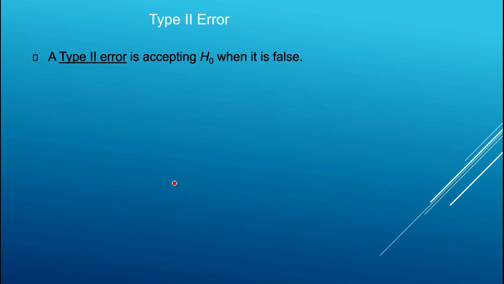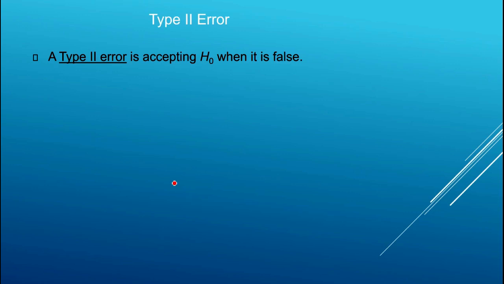So the test isn't going to be able to distinguish between a false null hypothesis of 100 and a true parameter value of 102 as easily as it's going to be able to distinguish between a false null hypothesis of 100 and a true population parameter of 120, which is a much bigger distance away from 100.